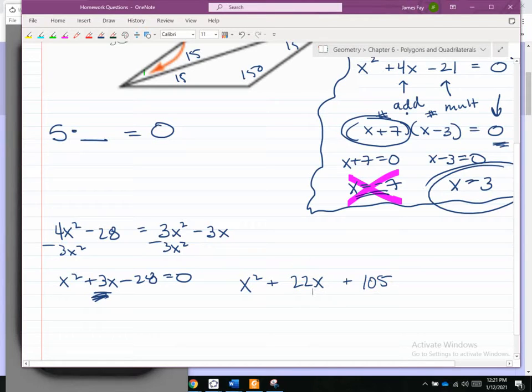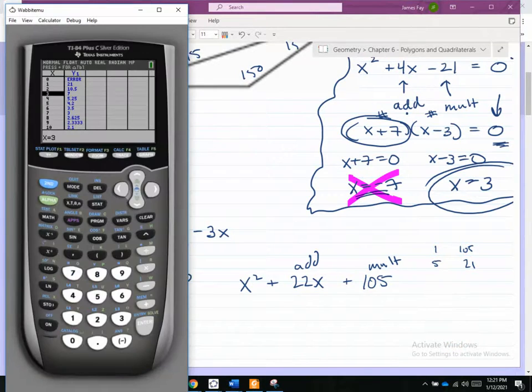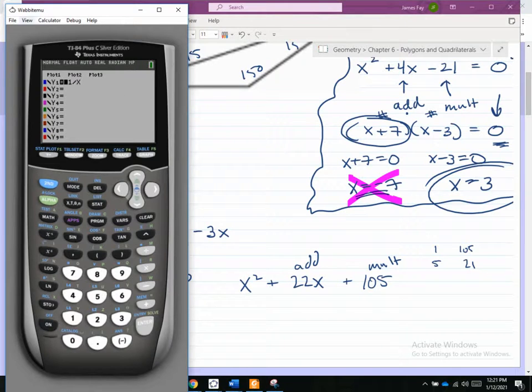What if I gave you something like that? X squared plus 22x plus 105. Okay? You'd be looking for the numbers that multiply to give you 105, but add to give you 22, right? And instead of sitting down like you did last year and say, okay, well, 1 and 105, 5 and 21, and figuring out all those factors, the quick way of doing that is going back to y equals here.